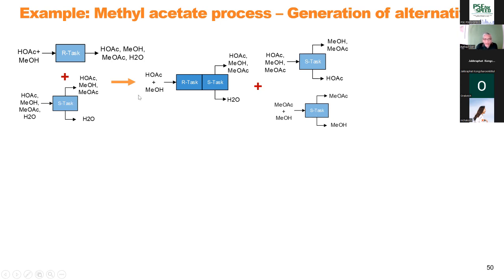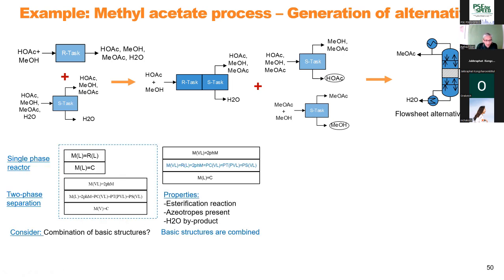So if we combine these two together, and note that these are reactants that will be recycled back, we get the reactive distillation. So now you have seen different ways we can take the process flow sheet and get a design of the reactive distillation.